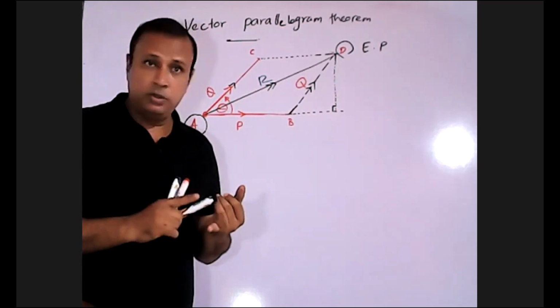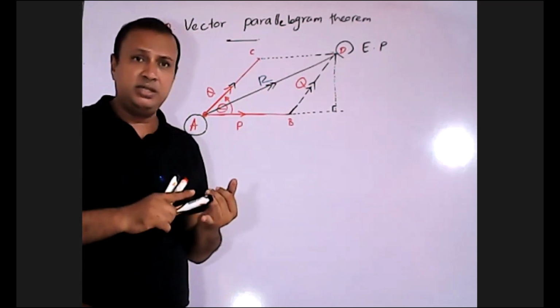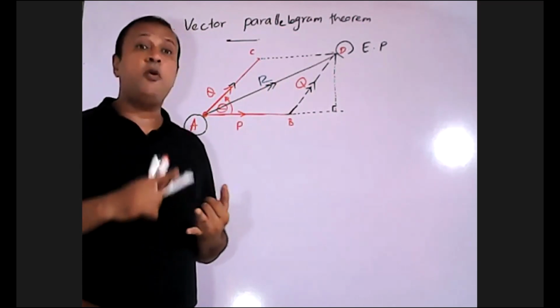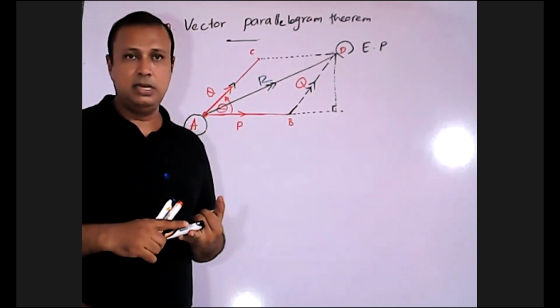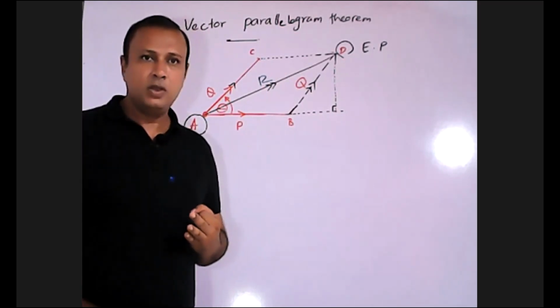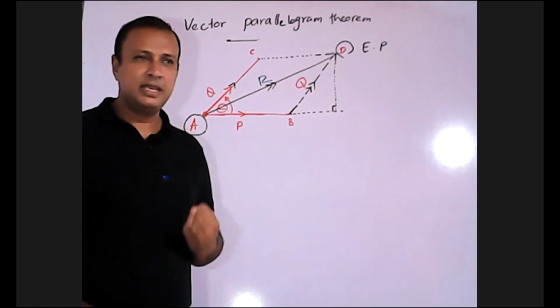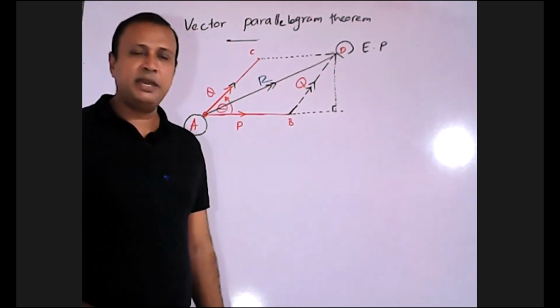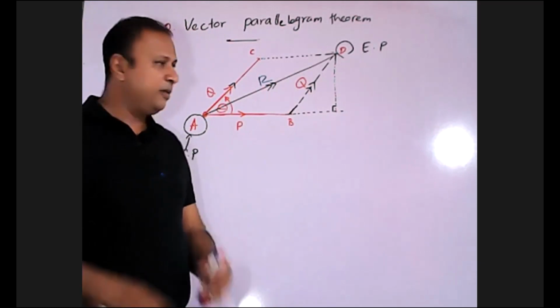Further to these two characteristics, some vectors have a point of action. Some vectors have a line of action. Suppose force has a line of action.